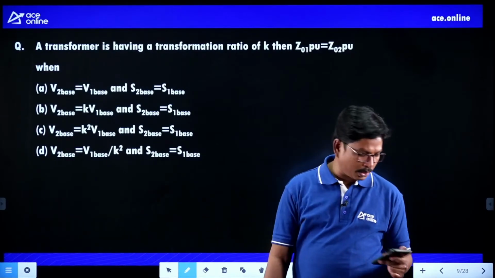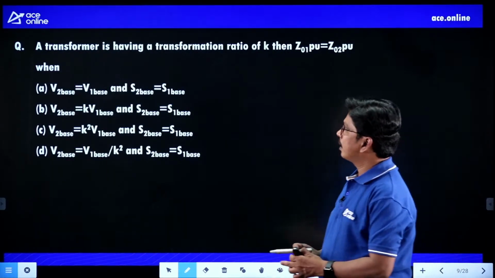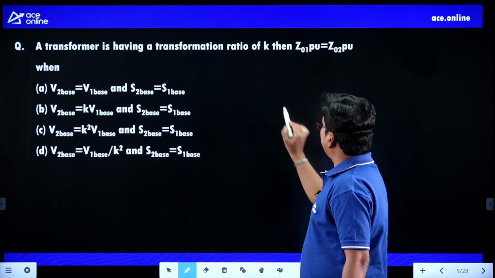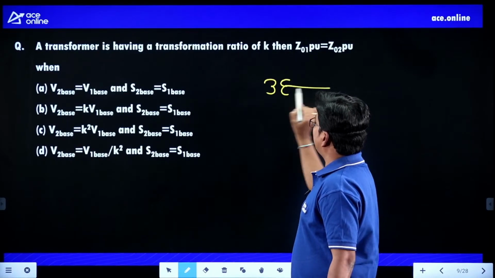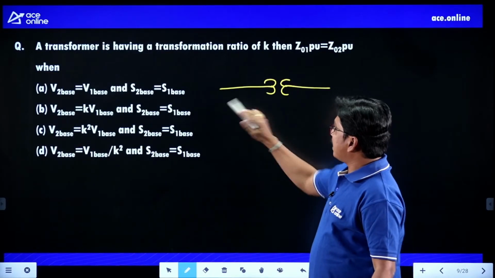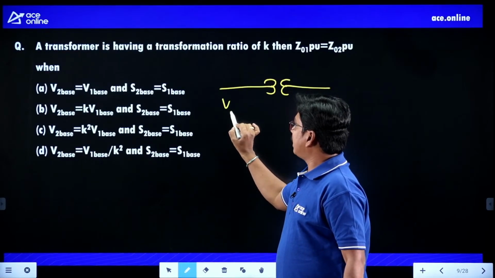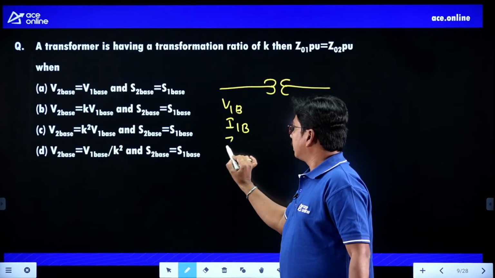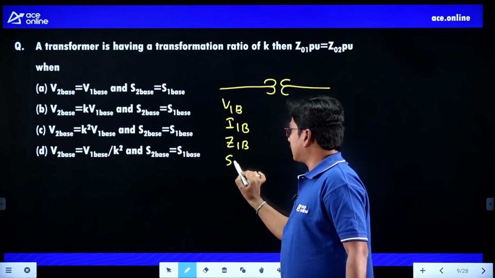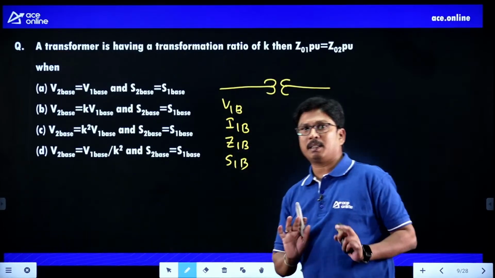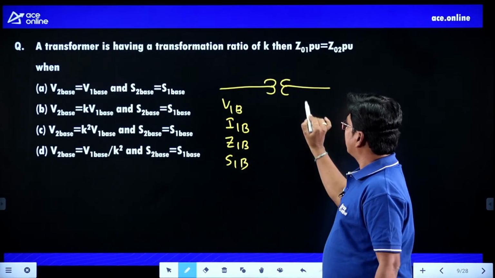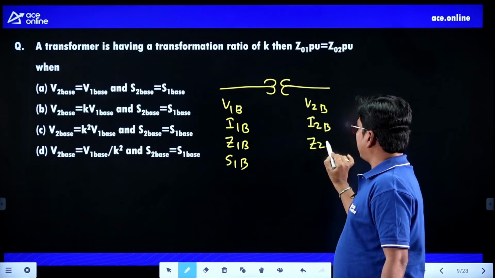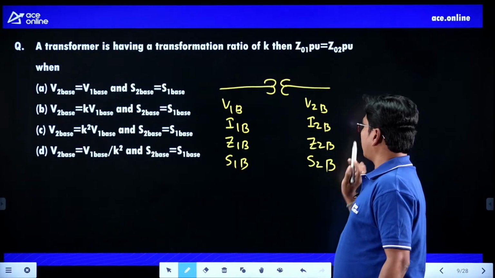So it's one of the easiest questions, students. Please look at the solution. See here, students, for a transformer, on the primary side, the base quantities are V1 base, I1 base, Z1 base and S1 base. And on the secondary side, V2 base, I2 base, Z2 base and S2 base are the base quantities.